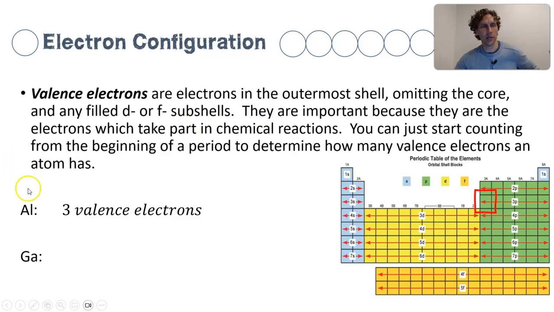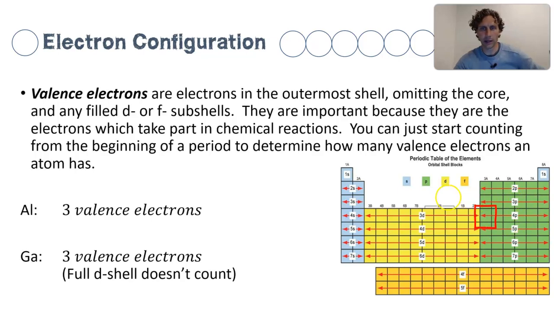Okay, so aluminum is right here. How many valence electrons does it have? It has 3. Okay, 1, 2, 3. 3 outer electrons. Okay, we didn't take into consideration any D or F shells because the D ones are down here. F is down here. What about gallium? So gallium is right below it.